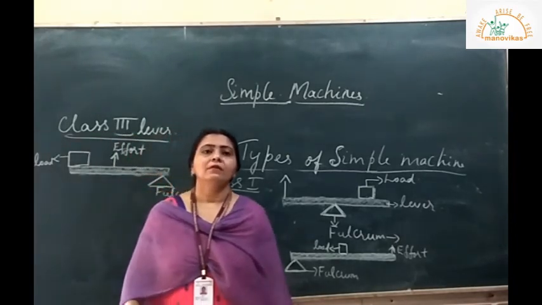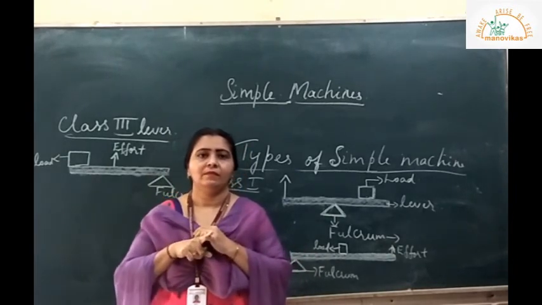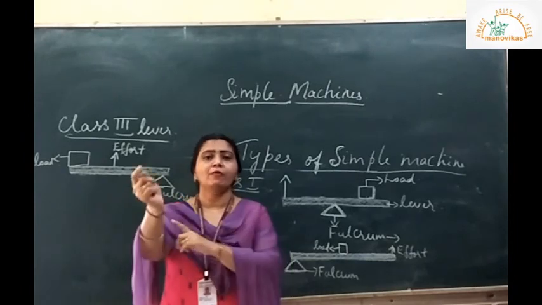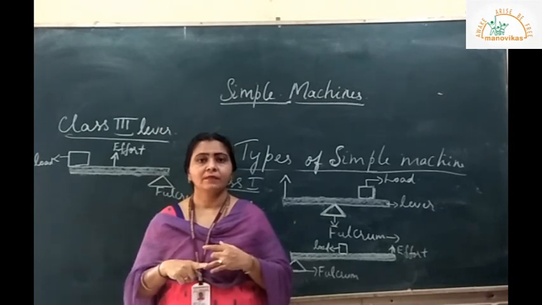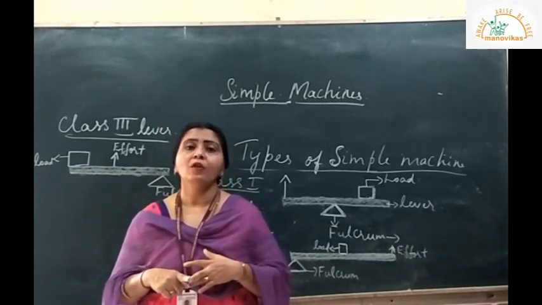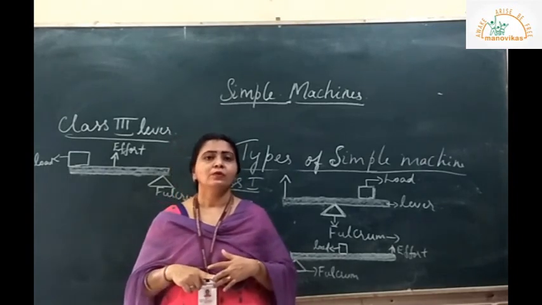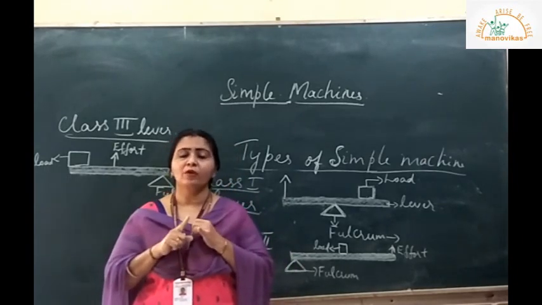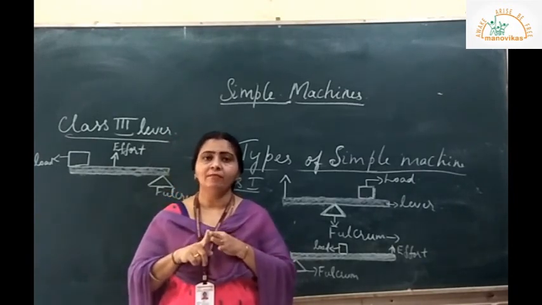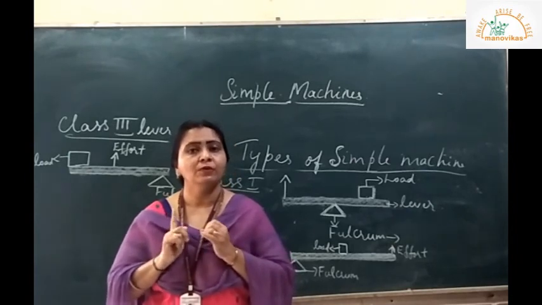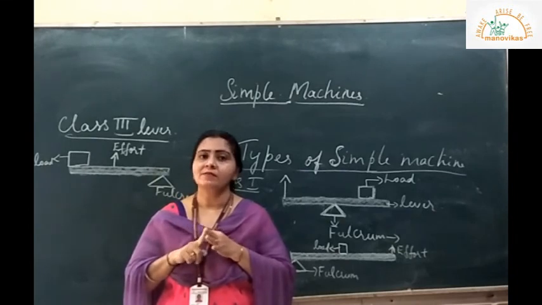Examples for class 3 lever: cricket bat, forearm, fishing rod. All these are examples for class 3 lever. So based on the position of the load, effort and fulcrum, levers are categorized into three: class 1, class 2 and class 3.